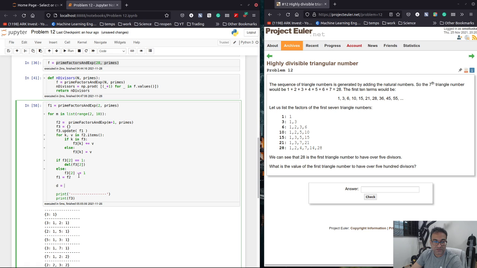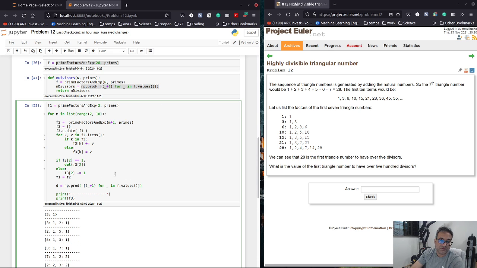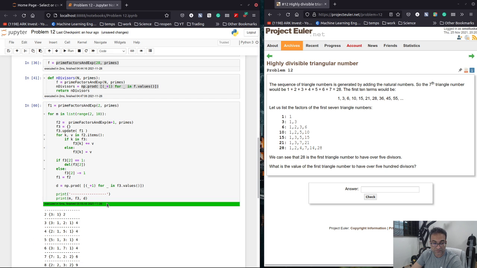Divisors is just this product, and it should be the product of f3 dot values, and we can provide M and f3 and the divisors D.